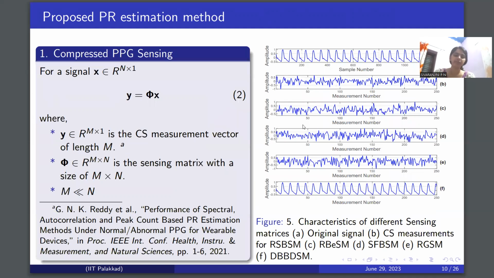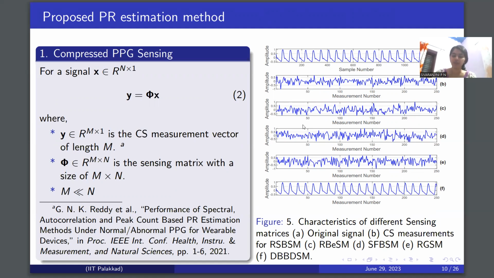The very first step, compressed PPG sensing for a signal x of length N, is governed by the equation y equals phi x, where y is the CS measurement vector of length M, where M is very much less than N, and phi is the sensing matrix of size M cross N. There are a wide variety of sensing matrices that are studied in literature.